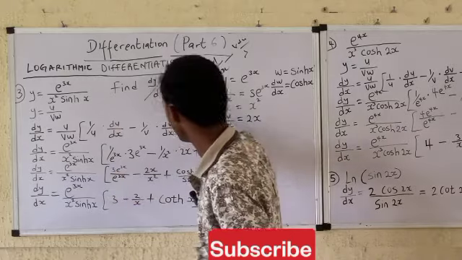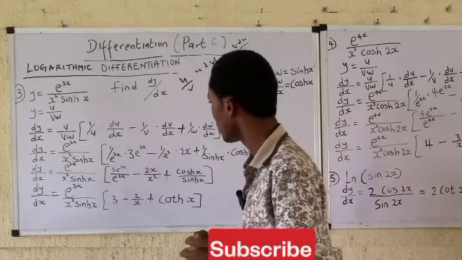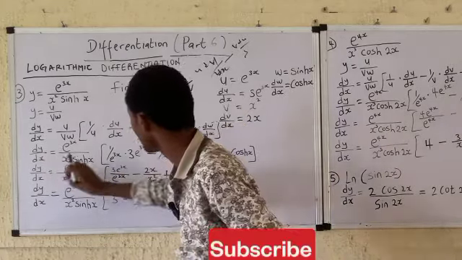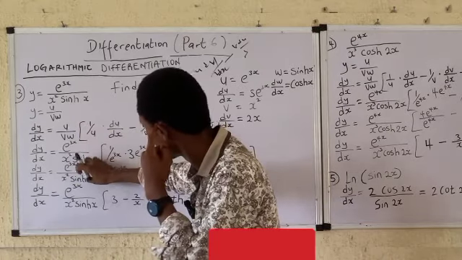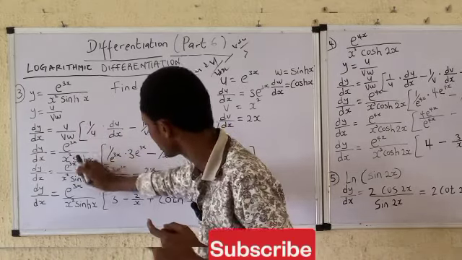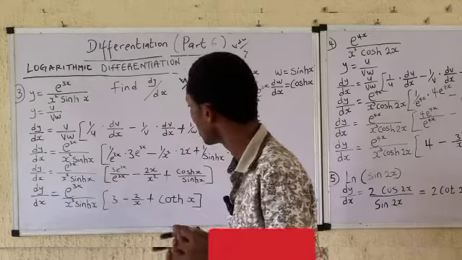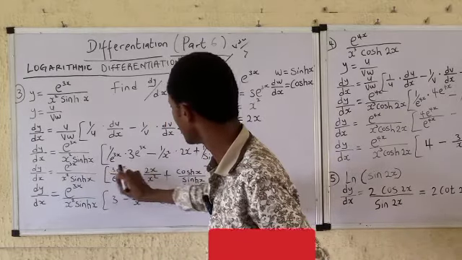Now remember they say find dy/dx. Now dy/dx equals, repeat this one here, exponential 3x all over x raised to the second power sin x, bracket open.